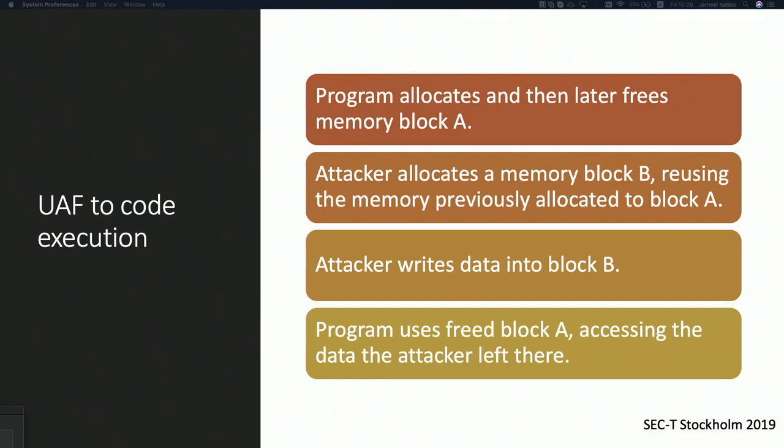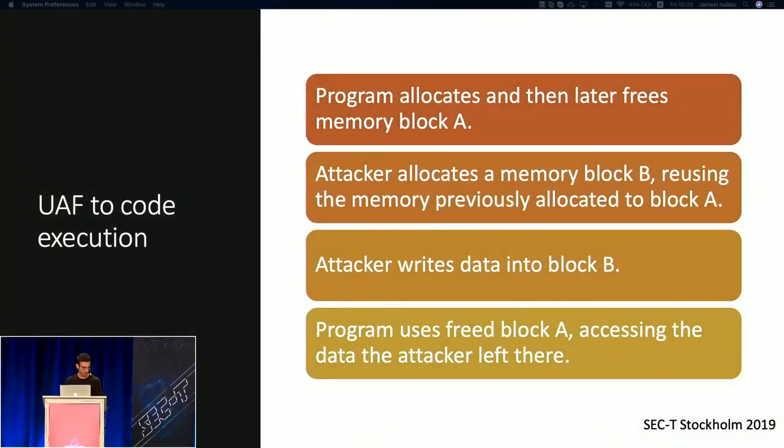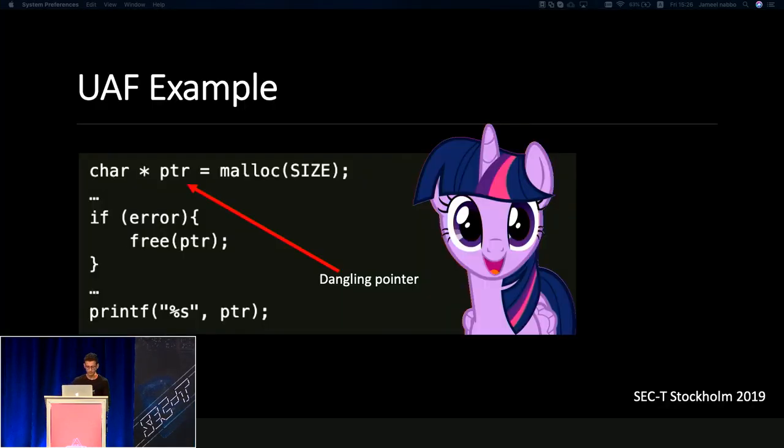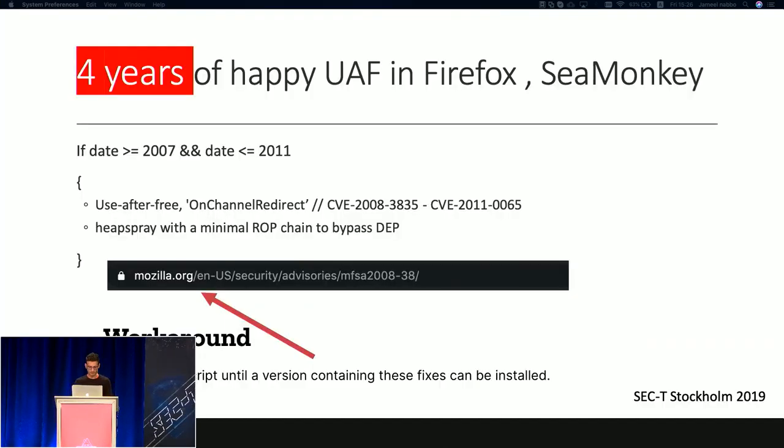If you research UAF attacks, you're going to find memory leaks, this kind of stuff. But it is mainly used for code execution, because it has nothing to do with the memory address. This is a quick example. Pointer pointing to a malloc. Freed, reused, get the memory.